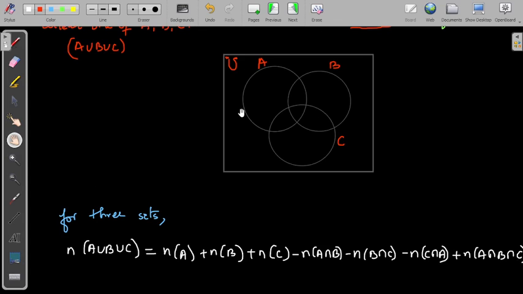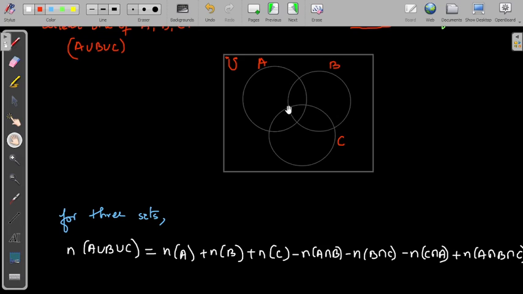So that is n of A. Whenever we are adding n of B, this region, A intersection B, gets added twice, so we are subtracting because we need it only once. Similarly, n of A and n of C, if you add, then this A intersection C gets added up twice, so we are subtracting it once.